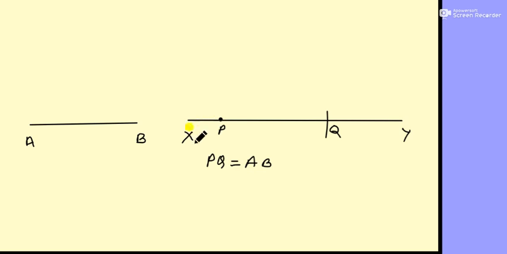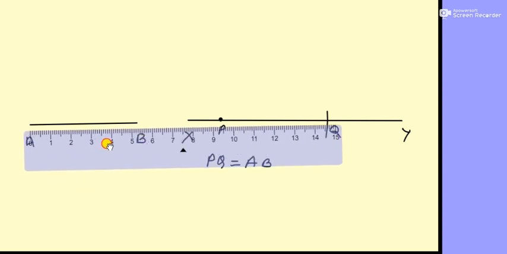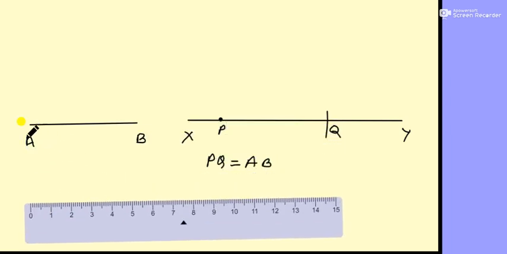How can we say it is equal? Let us see the length of AB and PQ. So you have this scale. Now take the distance. It is 5.3. You can see here it is 5.3. So you can write here 5.3.